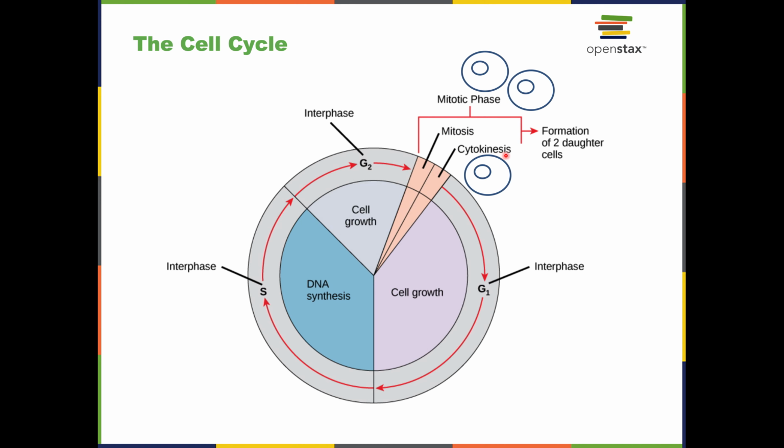Then cytokinesis comes right after mitosis, in which the cell cytoplasm actually divides and gives you two cells. So all the way through, starting from G1 to the end of mitosis, we're looking at everything happening in one cell. And it is only upon cytokinesis that you end up having two cells that are identical to each other and to the cell that it started as.